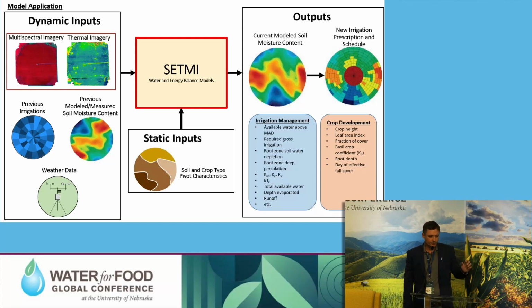We feed SETMI with it, and as output we have the current modeled soil moisture content. And then we can convert that into a new irrigation prescription and schedule, pixel by pixel, zone by zone. We can have all this output, which we see in the blue box and the pink blocks, for irrigation management and crop development on a daily scale.